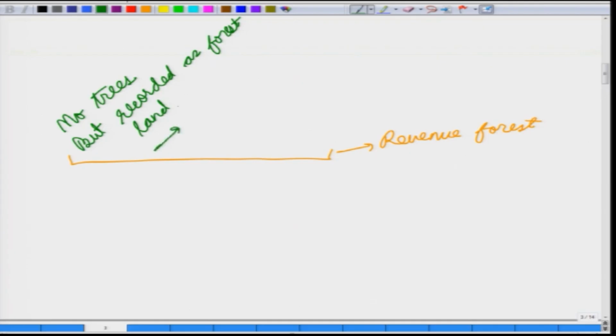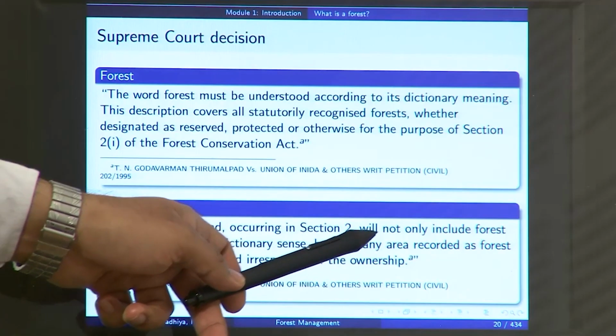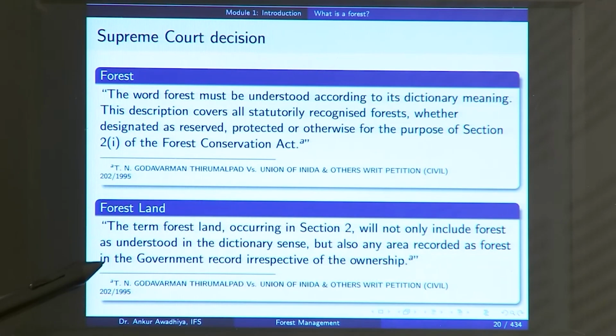And so, this is a forest land. This is a forest land without forests. Now, if you look at this definition, any area recorded as forest in the government record.